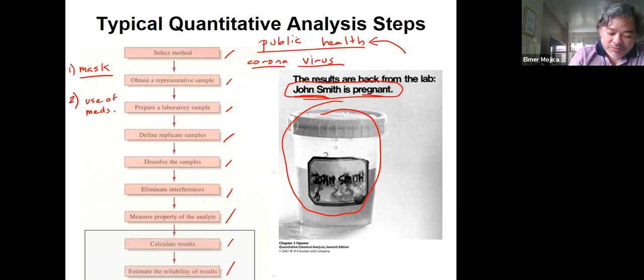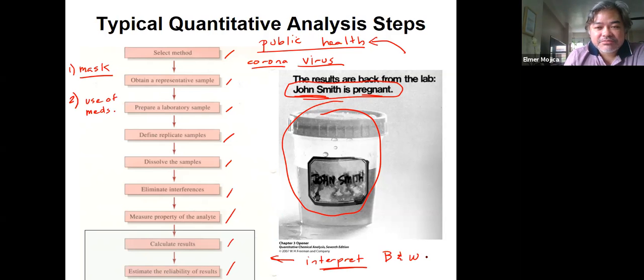Okay, so one part that is really very important here is how you are going to interpret your result. Now, the best way to interpret this is in black and white. So what does it mean, black and white? Whatever the result, don't add any color to it. Because right now, some people would use any information that they have or got for their own personal purpose or for their own personal gain.